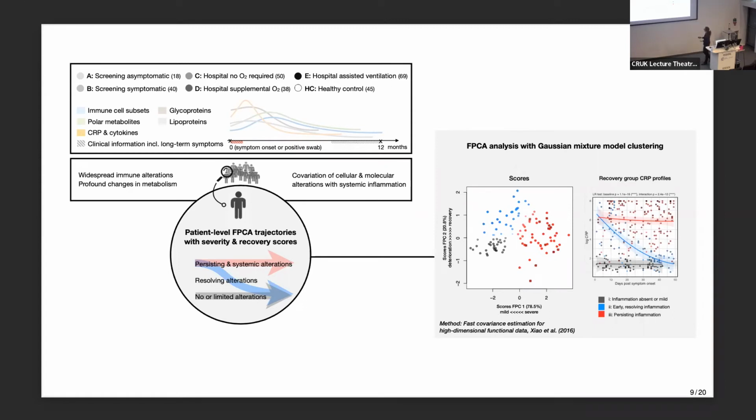And this really aligned with the interpretation we had on the scores as expected. So for the gray group here, with rather low severity scores, we see that it has essentially no inflammation. For the blue group with rather high recovery scores, we see that inflammation starts high but then resolves well over time. And for the red group with the most unfavorable scores in the end, we see that inflammation tends to persist over the 7 weeks post-symptom onset.